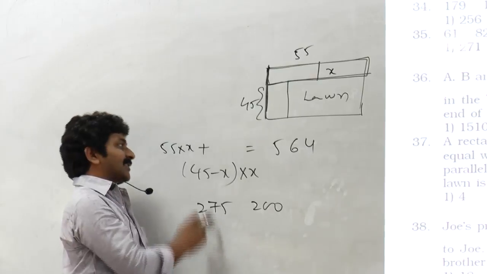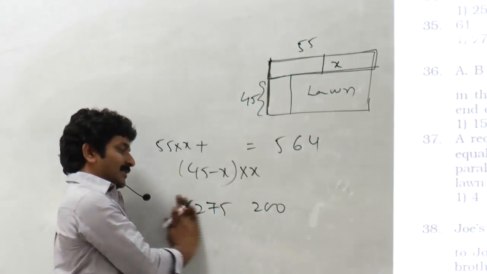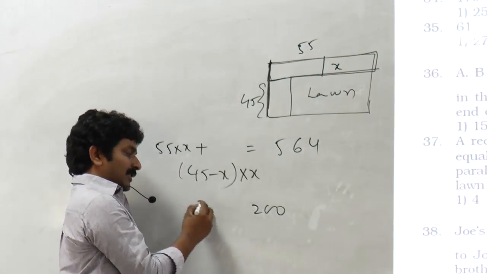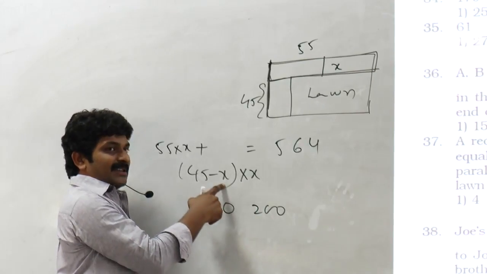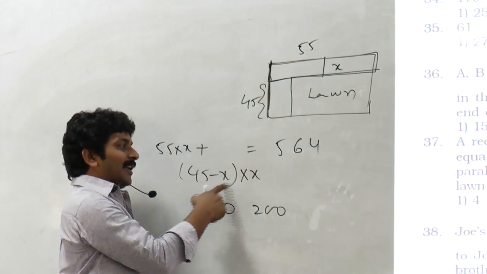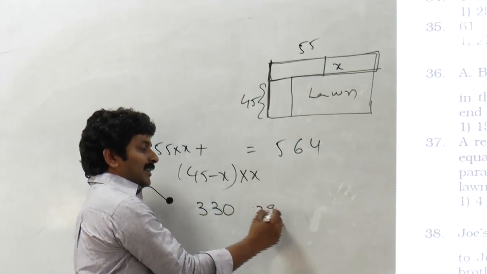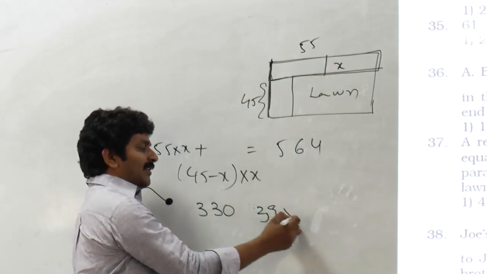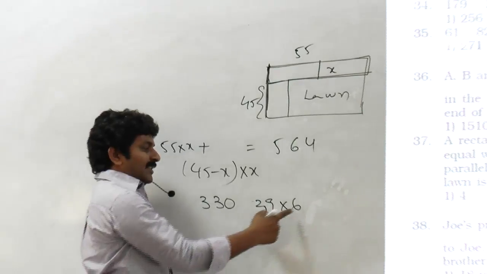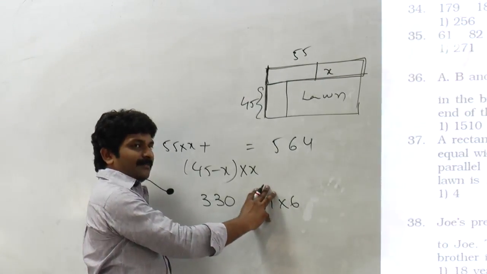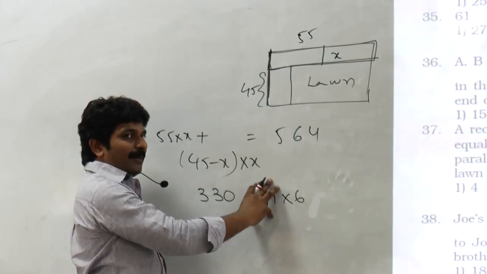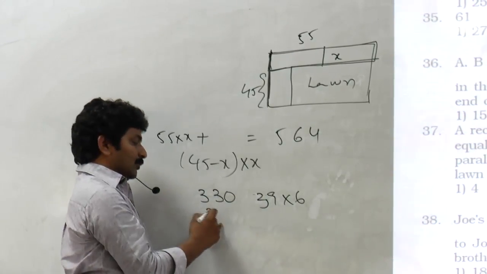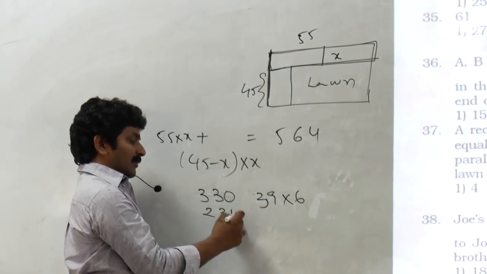I'll go for 6. 55 6 times, 330. 45 minus 6, 39. 39 6 times. Let's read it as 40. 40 6 times 240, minus 6, 234. 330 plus 234 is 564.